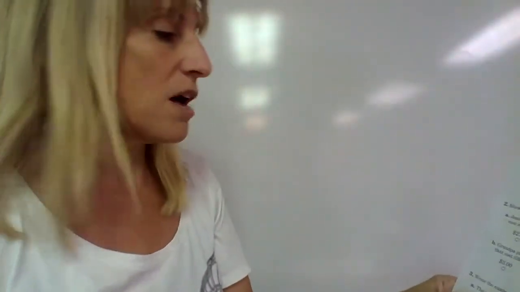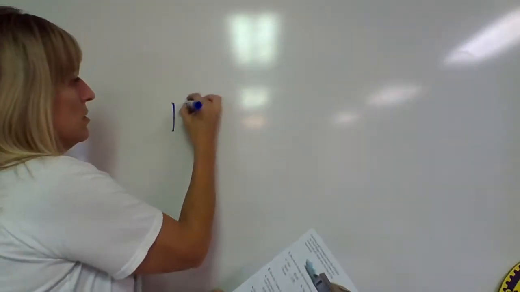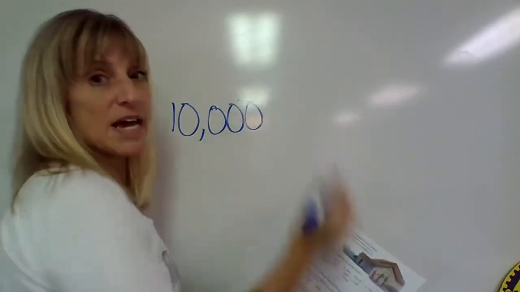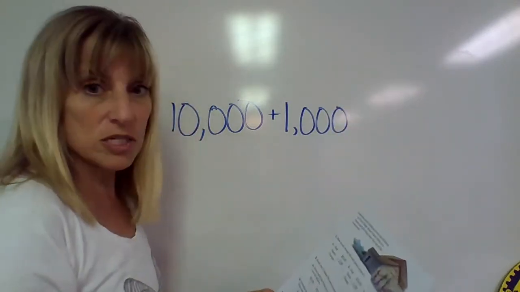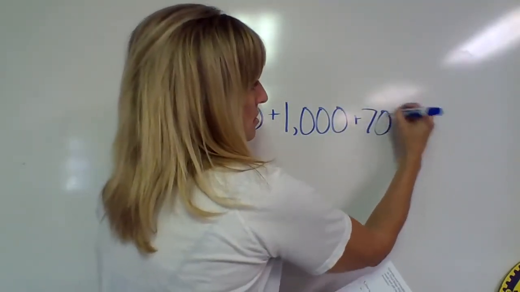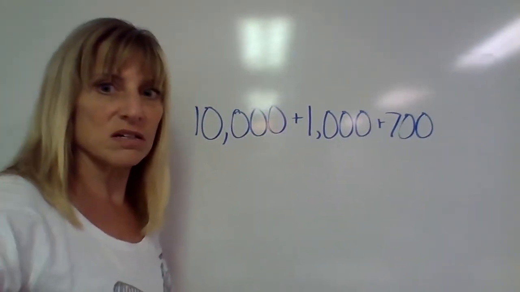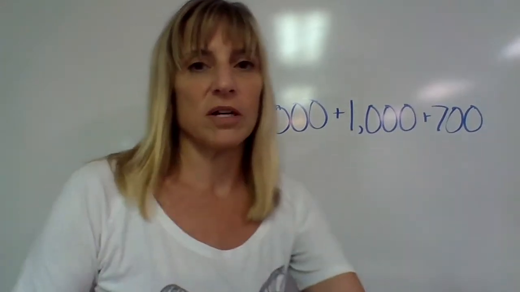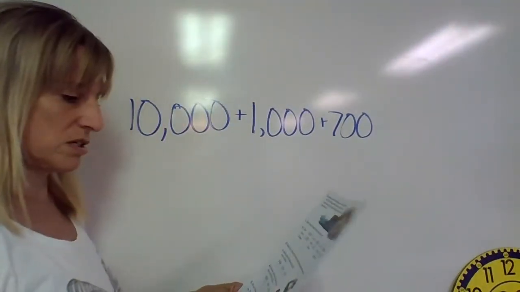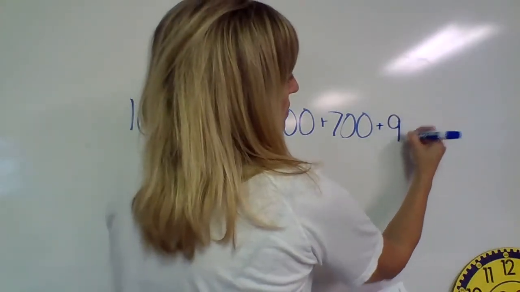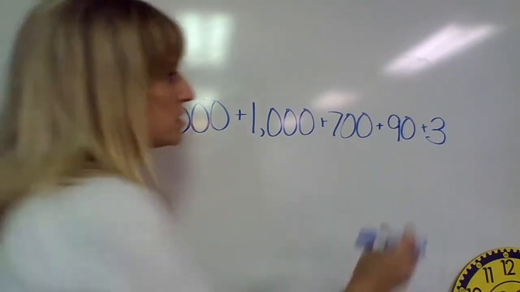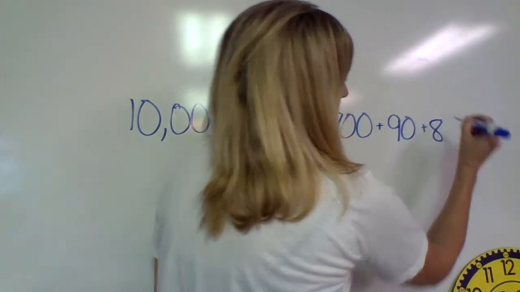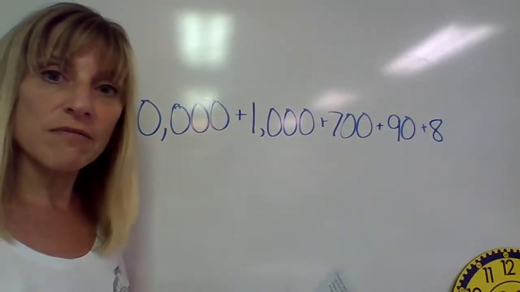So it says the gift shop and visitor center is, make sure you have enough room there, 10,000 plus 1,000 plus 700 plus 90 plus 8 feet above sea level.